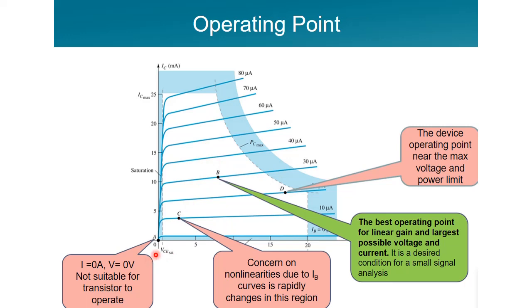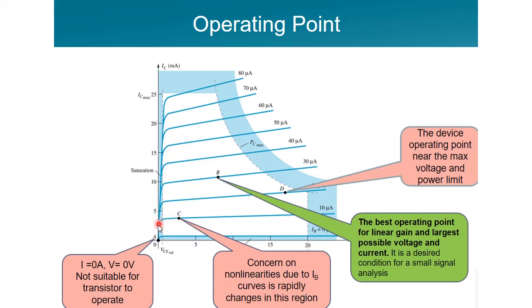For the Q point A, the current equal to 0 and the voltage VCE also equal to 0. So at this point, it is not suitable for transistor to operate. For the C point, the concern is on non-linearities because the IB curve rapidly changes in this region.